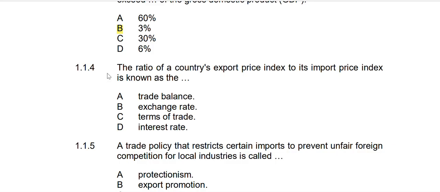The ratio of the country's export price index to its import price index is known as the A, trade balance, B, exchange rate, C, terms of trade, and D, interest rate. In this case, the correct answer is C, which is terms of trade. The correct answer is C because the ratio of the country's export price index to its import price index is known as the terms of trade. And then again, you say 1.1.4 and then the correct answer will be C.